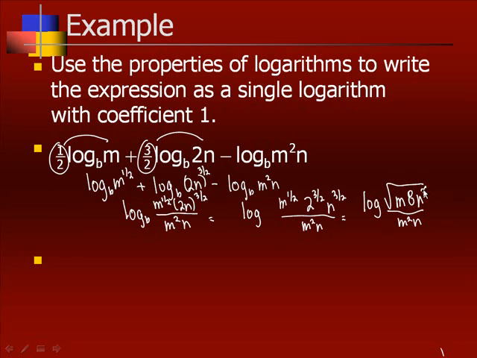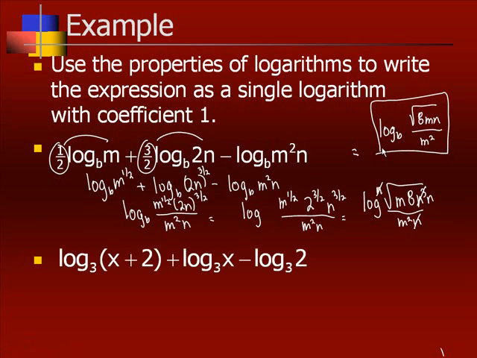Now, we know that the square root of n to the third means an n comes out and an n stays in. So this n out front could cancel with this n on the bottom. So what we get is the log base b of the square root of 8mn divided by m squared. That's how we would write that as a single log.